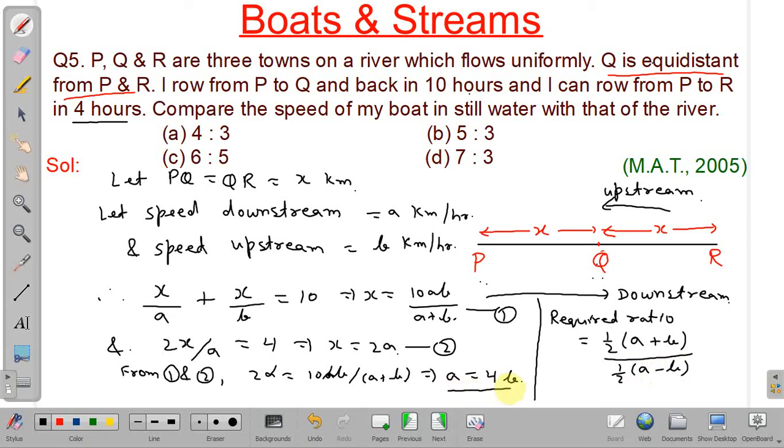Now from here we can substitute a equal to 4b, so half will get cancelled out, then 4b plus b means 5b divided by 4b minus b, it is equal to 3b. So ratio will be 5 by 3 or 5 ratio 3. Okay, 5 ratio 3. So our answer will be option number B.